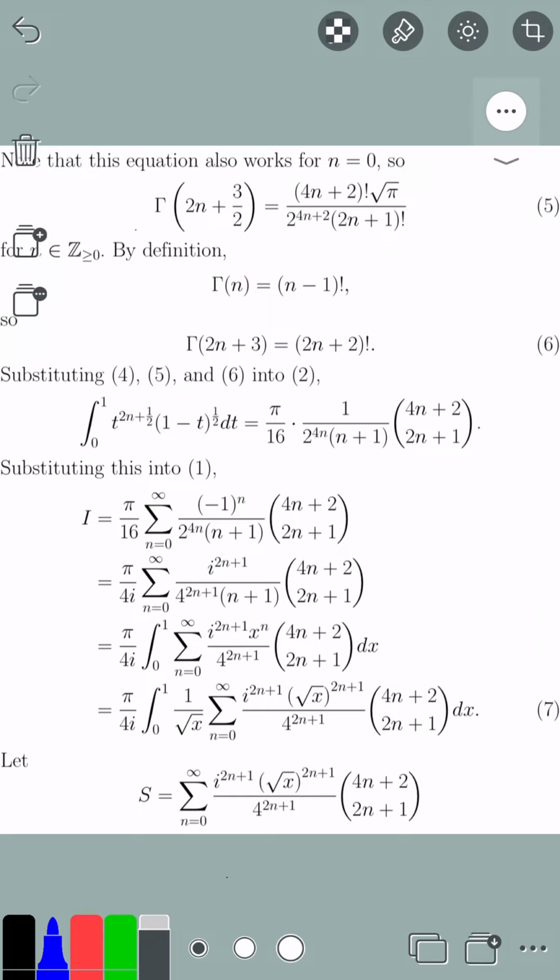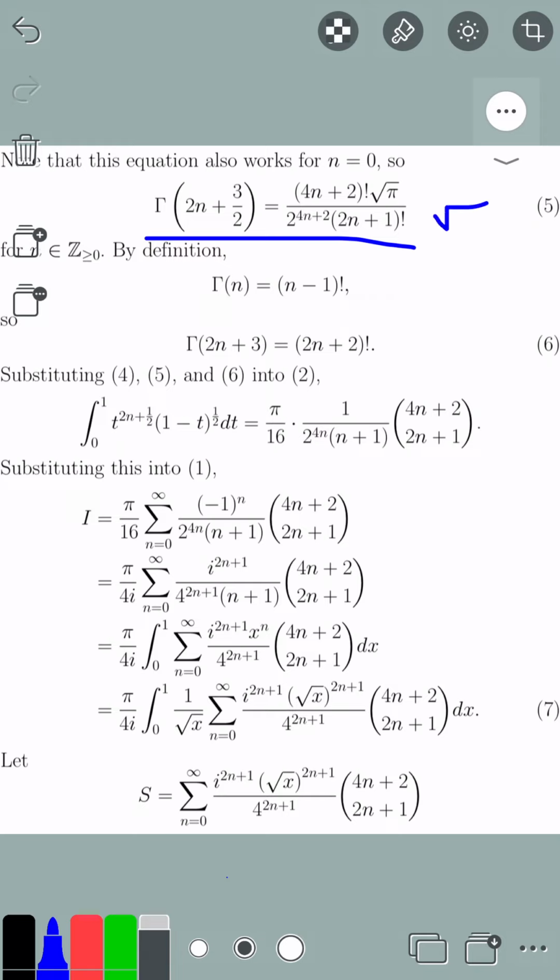This formula which we just derived and simplified is true for positive integer values of n, and we can also see that it works for n equal to 0, because when we plug in n equals 0, on the left hand side we get gamma of 3 halves, which we know should be square root of pi over 2.